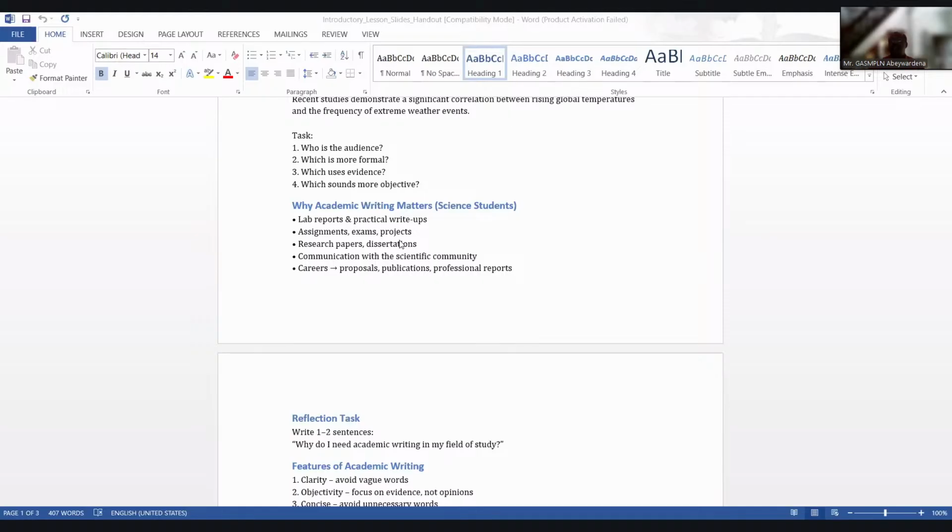For general students, it is a small one; for special students, it is somewhat bigger. Also, you have to write research papers and dissertations. Dissertations mean you collect information by interviewing people, like I collect your information by giving a questionnaire, and then you write them up.